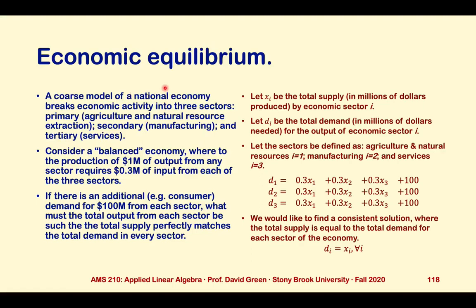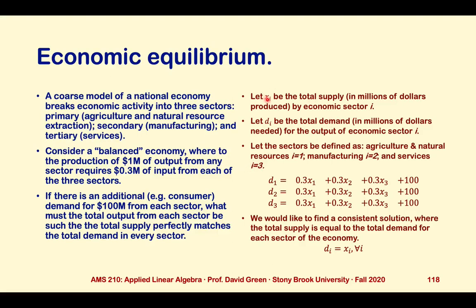Again, I always like to start off with variables. What are the things that we don't know about this problem? Well, we don't know the supply from each sector. Let's let xi be the total supply for each of those sectors. There's 3 of them. Call the primary i equals 1, manufacturing, secondary i equals 2, tertiary or services i equals 3.